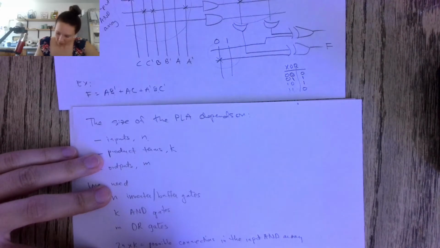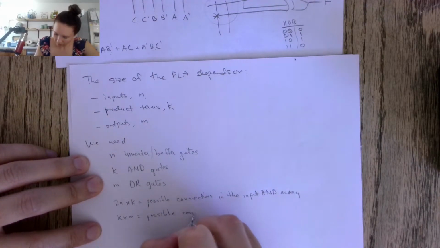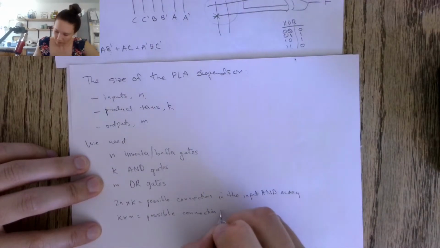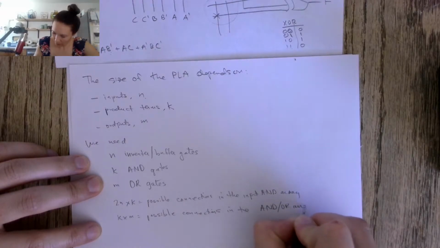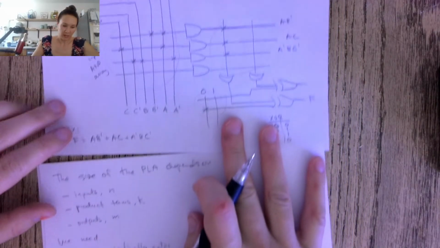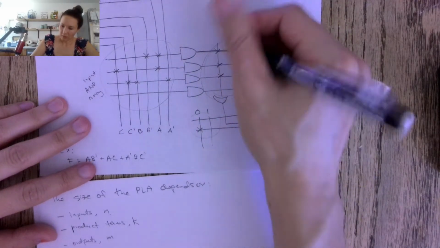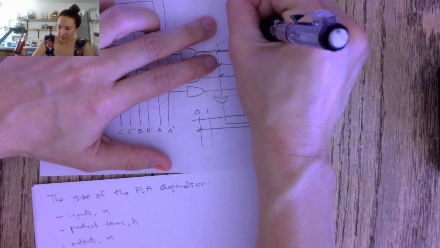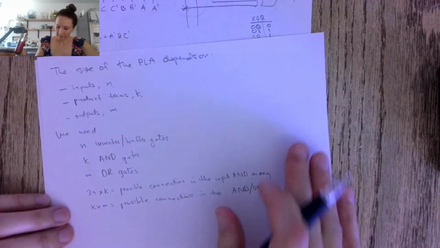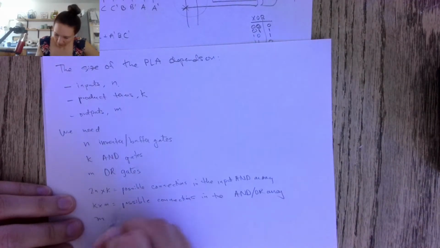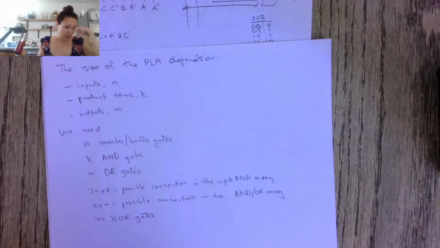And then we have k times m possible connections in the AND/OR array. So this is the sum of products array, this thing. Call this the AND/OR array. And we will have M XOR gates.